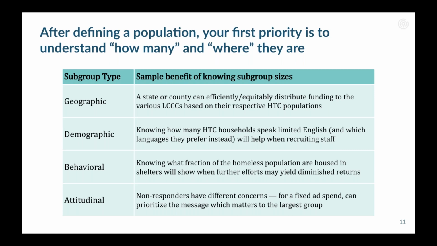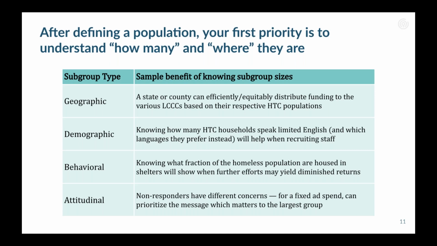Knowing the size that each LCCC is serving, that's not just the size of the residents, but in some ways more importantly, the size of the hard to count populations within those communities, allows a state or a county to allocate the funding in such a way that they can say that every hard to count household is literally equally valuable to them, which might be important when it comes time to evaluate program efficiency and equity, for example.